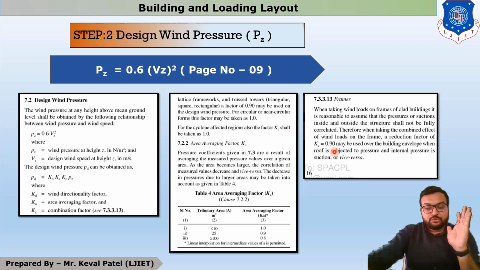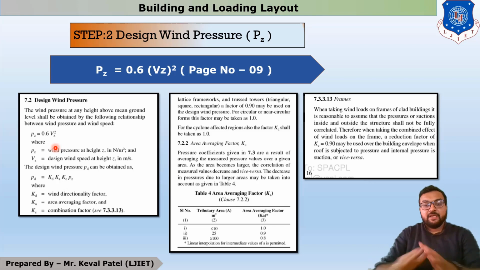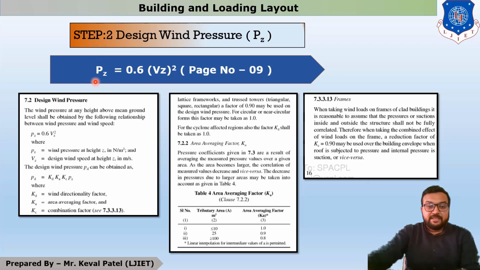So students, now you can be clear on KD, which is 0.9 or 1, KA, which depends on tributary area, KC is always 0.9, and PZ will be found from this equation. After finding all the terms, we have to find PD, which is our design wind pressure.